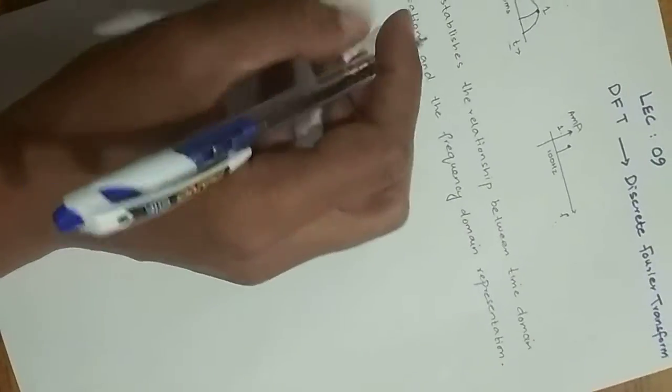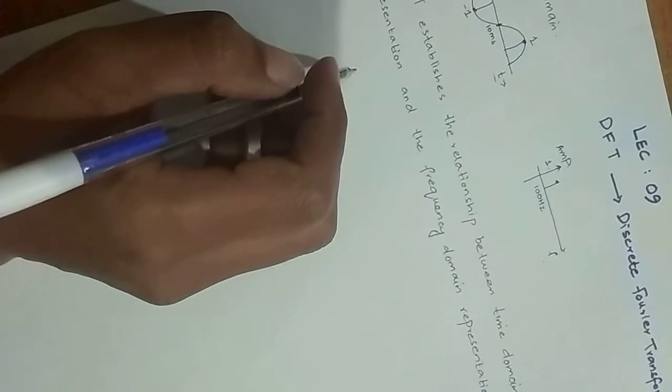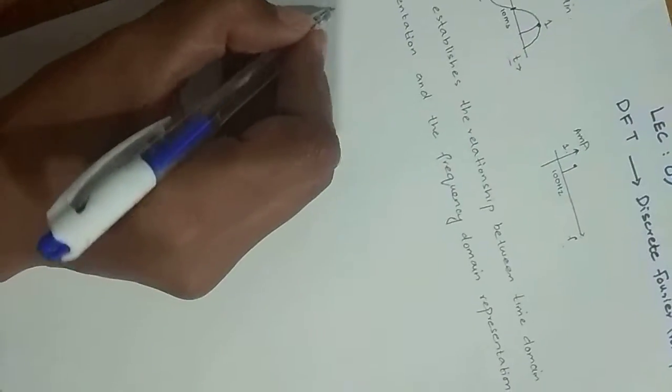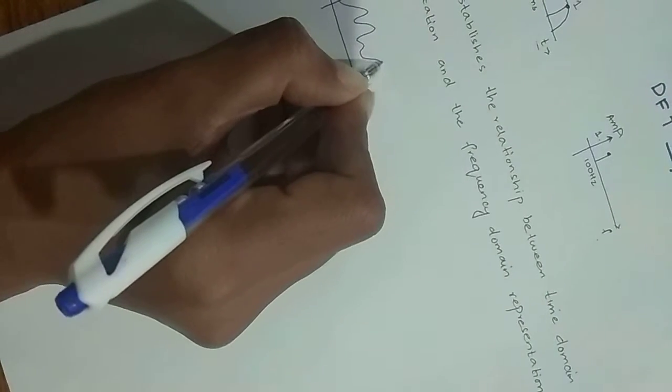Okay, now we know that the Fourier transform is basically applied on non-periodic signals, or we can say that the Fourier series is applied on periodic signals and the Fourier transform on non-periodic signals. Let's suppose that we have a digital Fourier transform. We plot a signal as it is a periodic one.